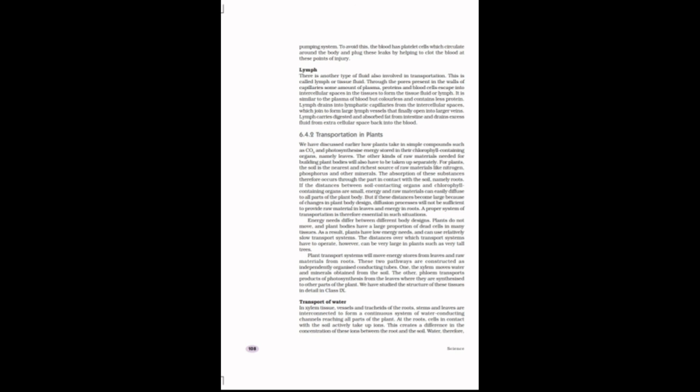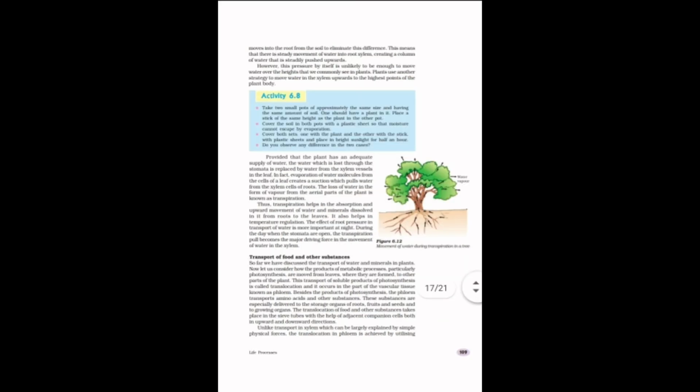Unlike transport in xylem, which can be largely explained by simple physical forces, the translocation in phloem is achieved by utilizing energy. Material like sucrose is transferred into phloem tissue using energy from ATP. This increases the osmotic pressure of the tissue, causing water to move into it.